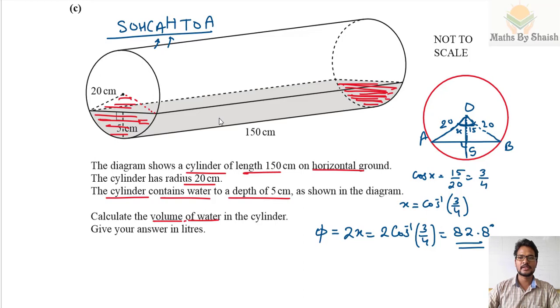Once we got this angle as 82.8, then we can find the area of the segment.